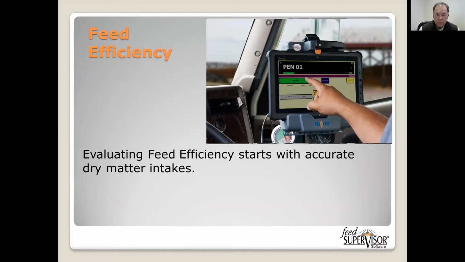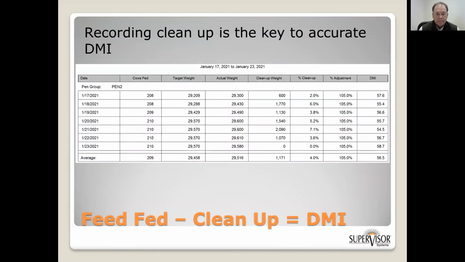And if we're going to look at this cow side, we have to have accurate dry matter intakes if we're going to accurately understand feed efficiency. So we're going to need to know how many pounds of feed were fed, how many pounds of feed we cleaned up, along with how many cows we fed it to get dry matter intake.